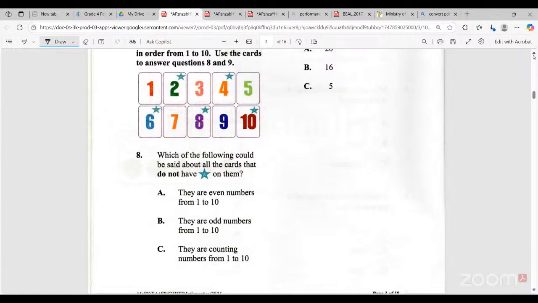Examine the numbers, guys, and answer number 8. Number 8 says, which of the following could be said about the cards that do not have the star on them? All right, somebody say B for 8.